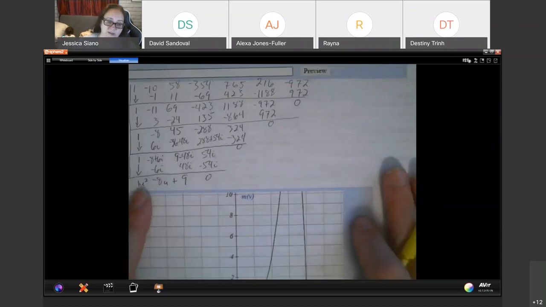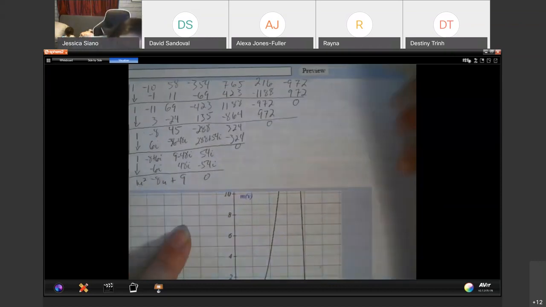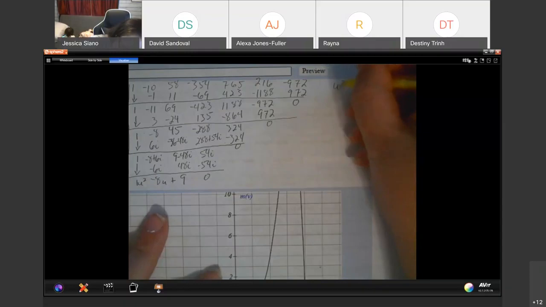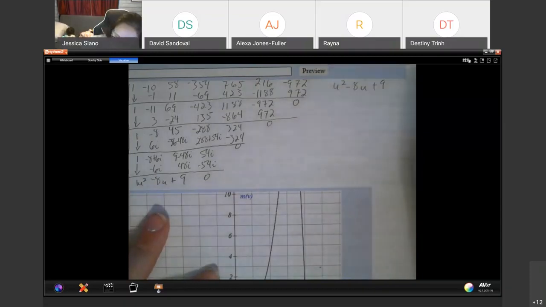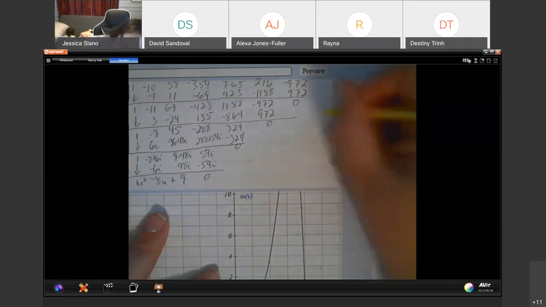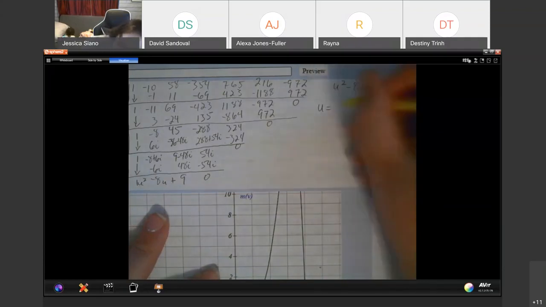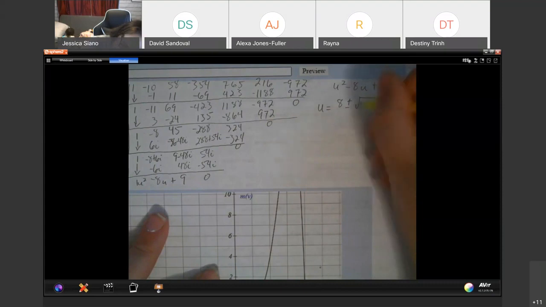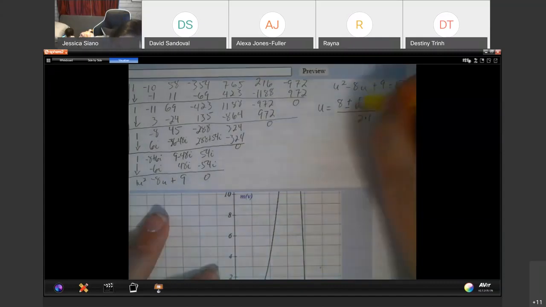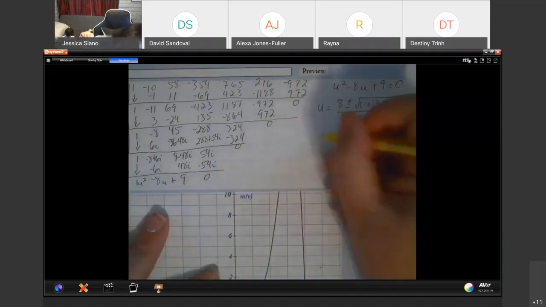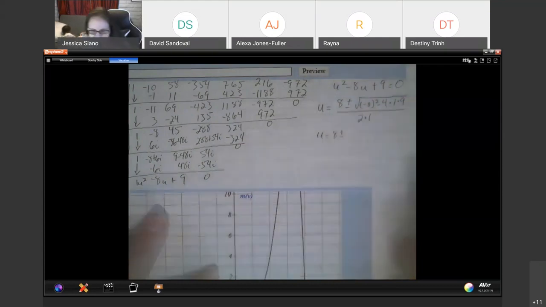So when it doesn't factor, let's use the quadratic formula. So what I have here is u squared minus 8u plus 9. So negative b plus or minus the square root of b squared minus 4 times a times c over 2 times a. Let's see.